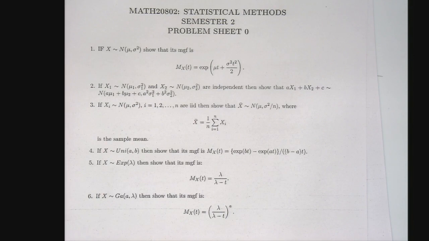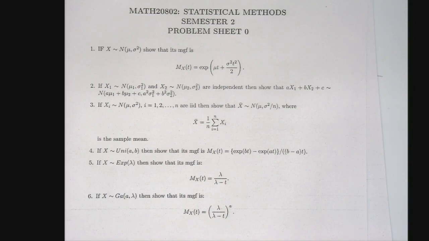That's the first step, to find the MGF of y, which by definition is the expectation of e to the t y, and this is the expectation of e to the t times (a x1 plus b x2 plus c), and this you can write as the expectation of e^(t a x1) times e^(t b x2) times e^(t c).